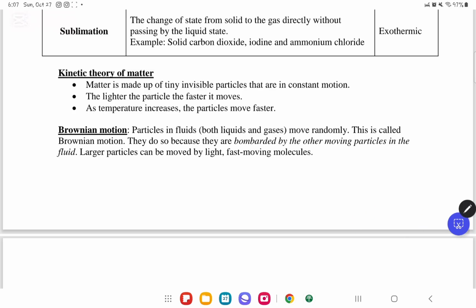Now we have something called Brownian motion. Brownian motion states that particles in fluids, meaning both liquids and gases, move randomly. This random motion is called Brownian motion. Now, you may be asking, why do they move randomly? Don't the particles in solids also move?